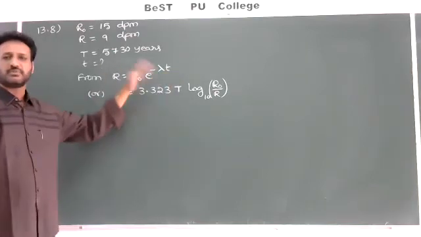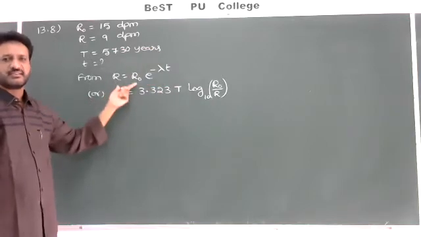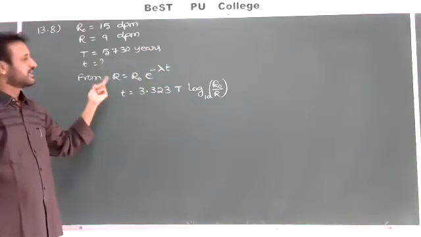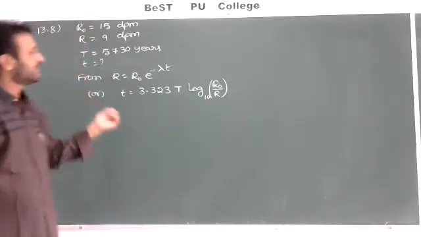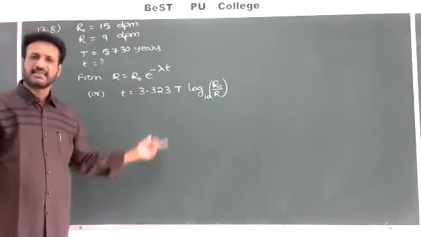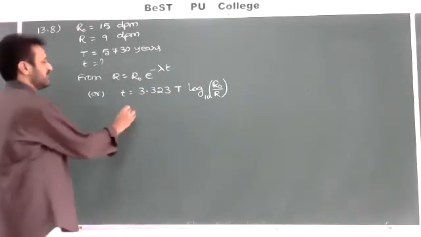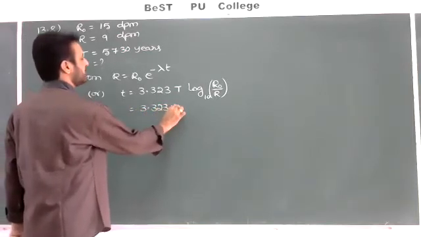Taking the reciprocal on both sides, e to the power of plus lambda t is equal to R naught by R. Take e to the left side, that is equal to log base e, and log base e we can write 2.303, and lambda we write 0.693 by capital T. On simplification we will get this formula. Now we write 3.323 into capital T, already given.